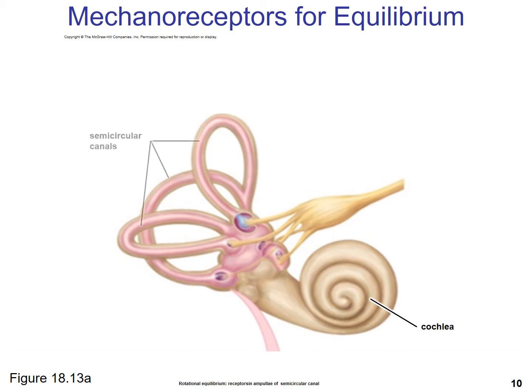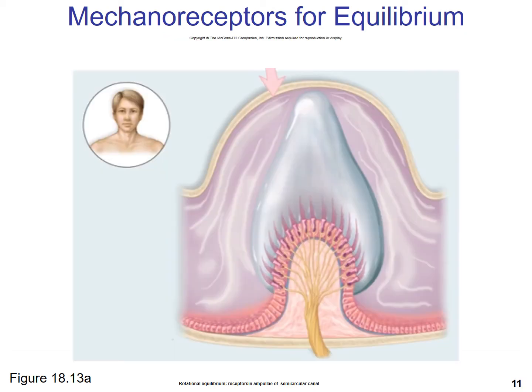So here's the cochlea, here are the semicircular canals, and these are the ampullae, and here is a receptor in an ampulla. Here's the vestibular nerve, and you can see that there are nerve fibers that are running from each ampulla into the vestibular nerve. Okay, now this is sort of a blow up of what's happening in the ampulla.